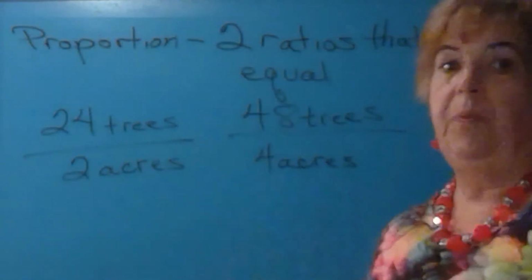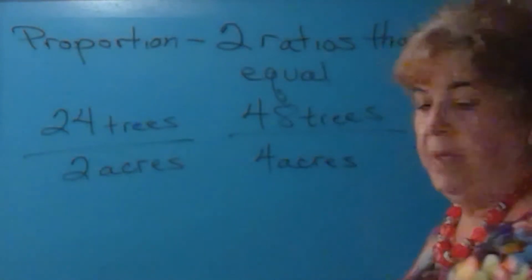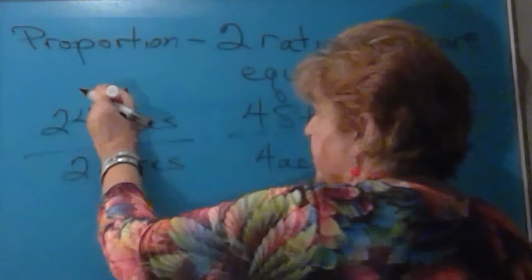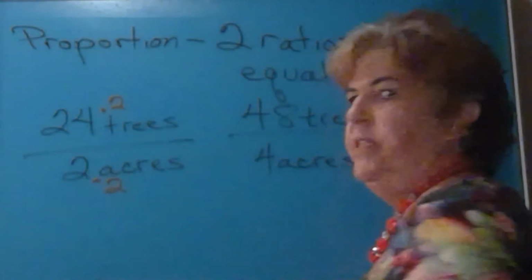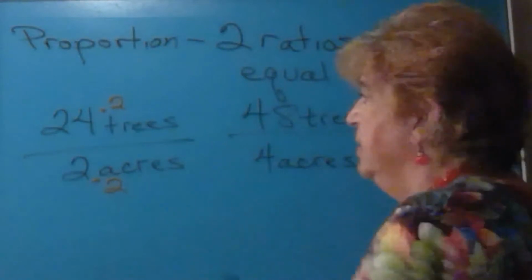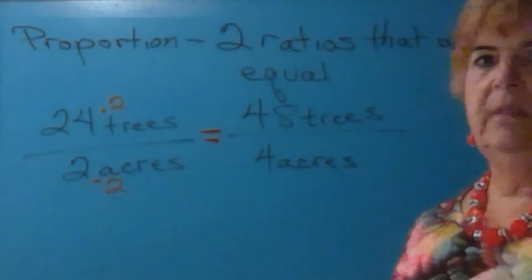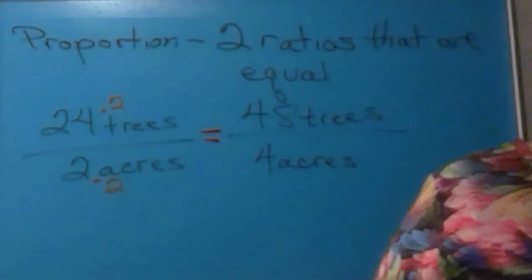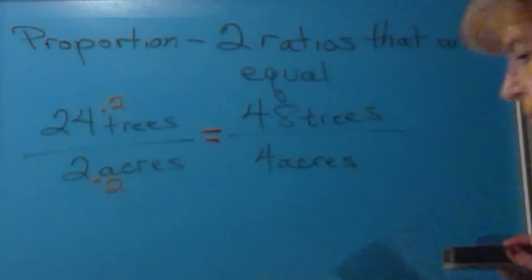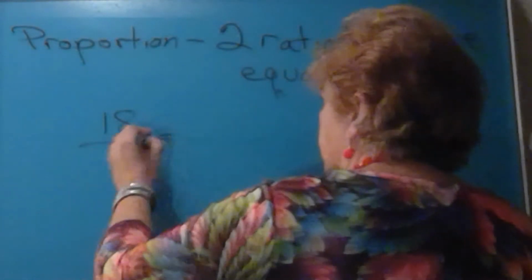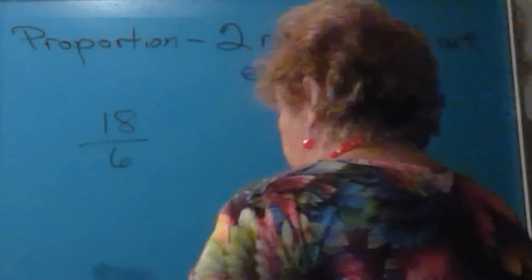You can go ahead and take the cross products if you want, but another way to do a problem like this, you should be able to see that if you multiply these numbers by 2, you're going to get the same ratio. 24 times 2 is 48, 2 times 2 is 4, so that does form a proportion. Can't put an equal sign there, we don't know if it's equal.